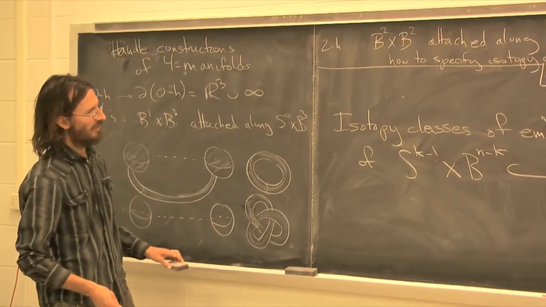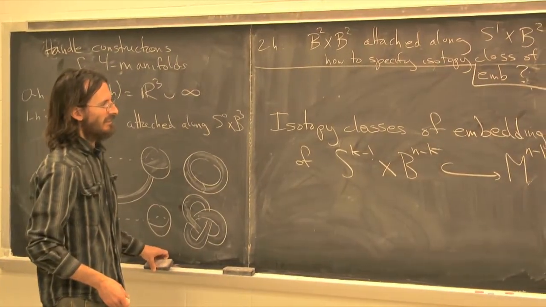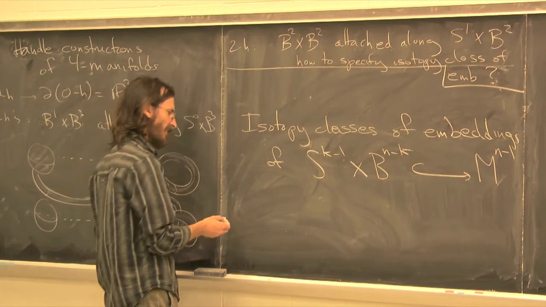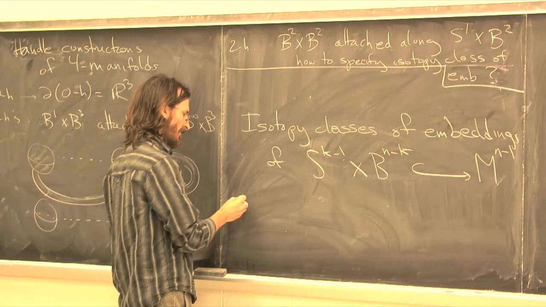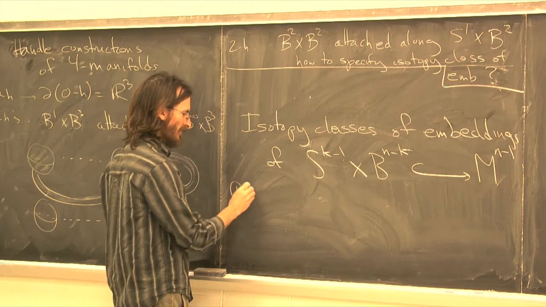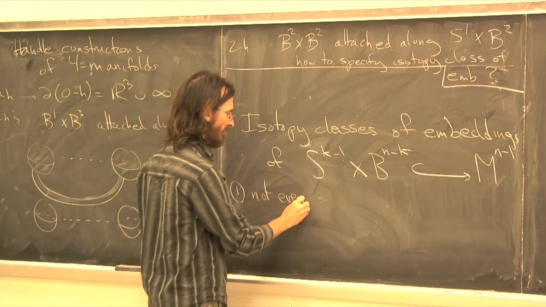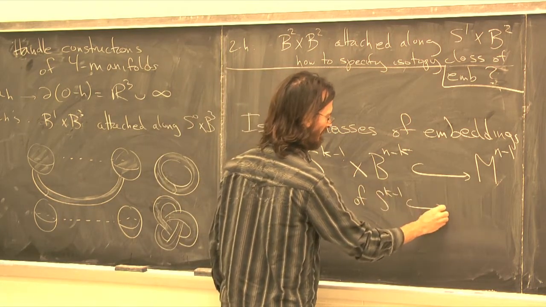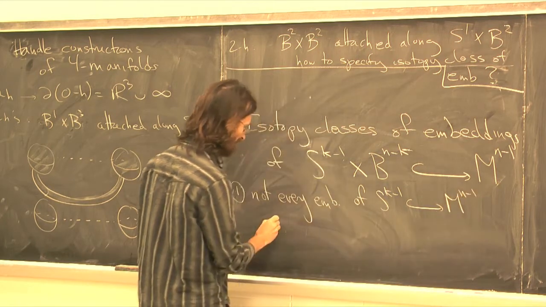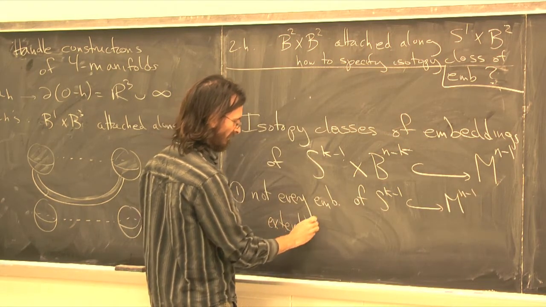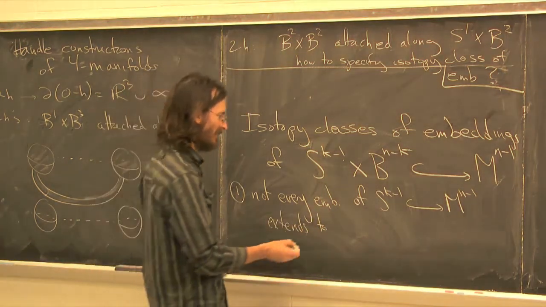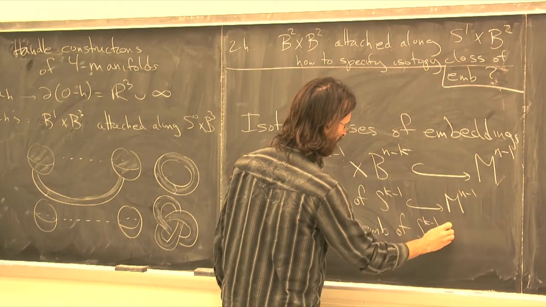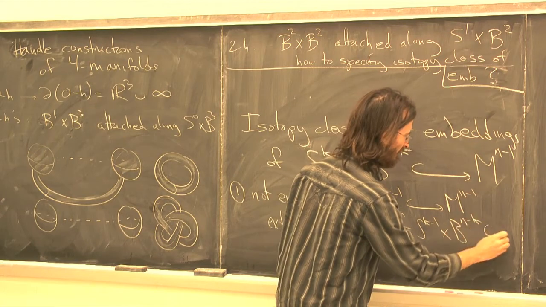And so the first observation is that not every embedding of S^(k-1) into an (n-1)-manifold extends. In general, there may be embeddings that extend to an embedding of S^(k-1) cross B^(n-k) into n.